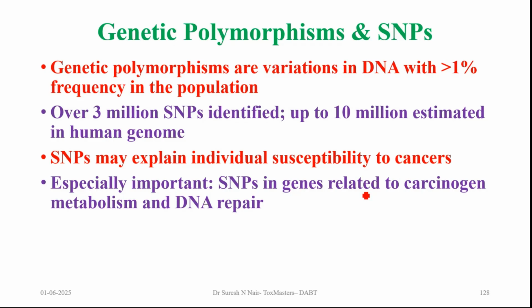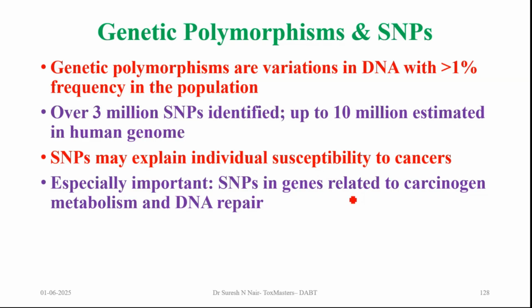Such evolutions sometimes will have a setback of making certain persons more sensitive to the carcinogens. In some persons, even a very minute exposure to the carcinogen can develop into a tumor, whereas some are more tolerant. SNP means one nucleotide is different from other persons.